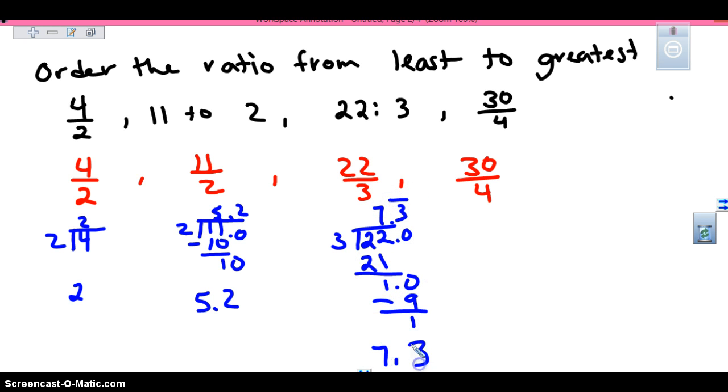So 7.3 repeating. And 30 divided by 4. 4 goes into 30 7 times, with 5. So 7.5.